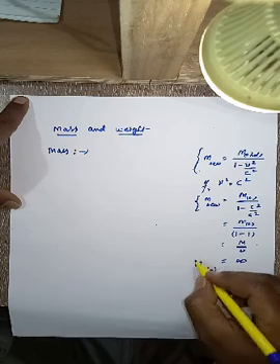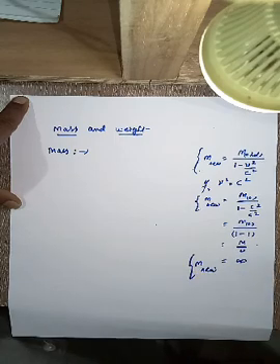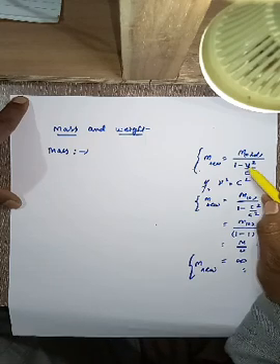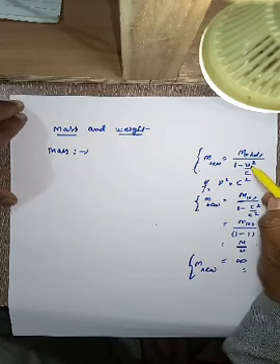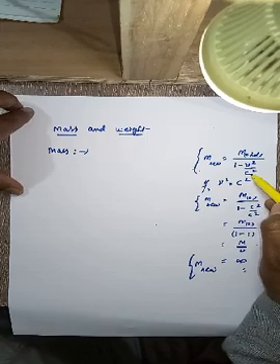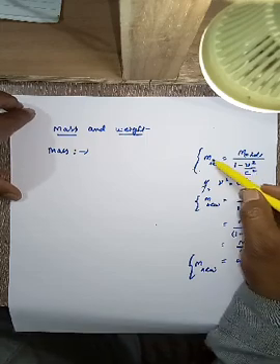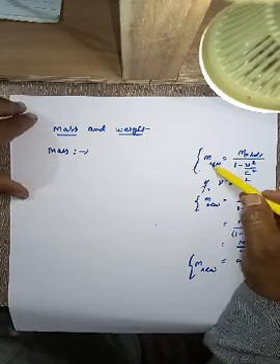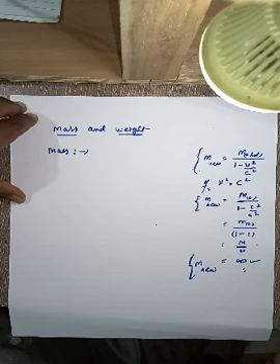Hence by this calculation we come to know that when our velocity becomes equal to the velocity of light, then the new mass, that means the existing mass, whatever it may be, becomes infinity.